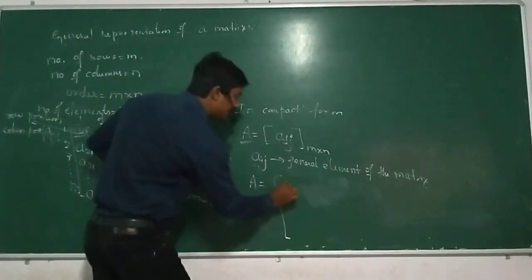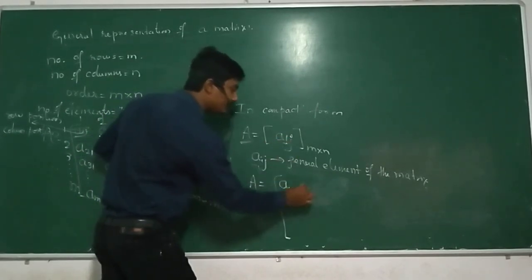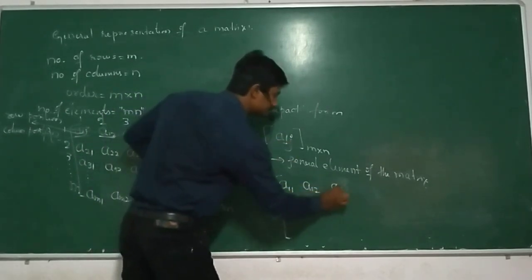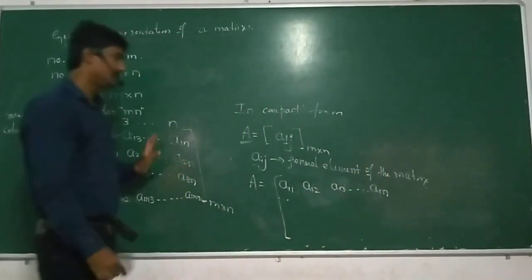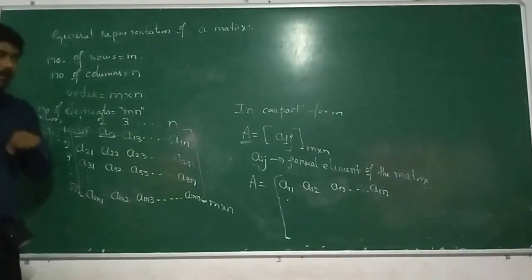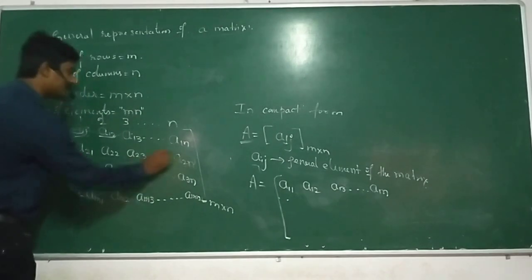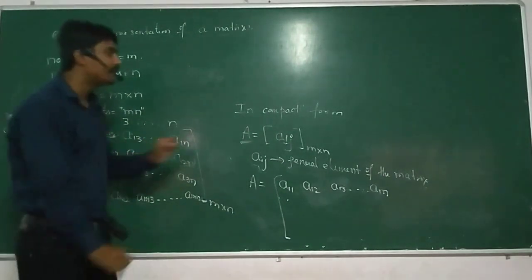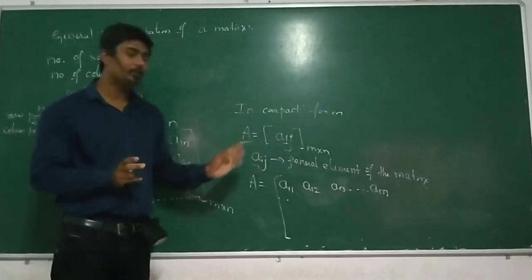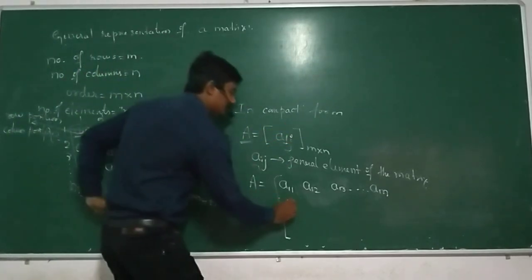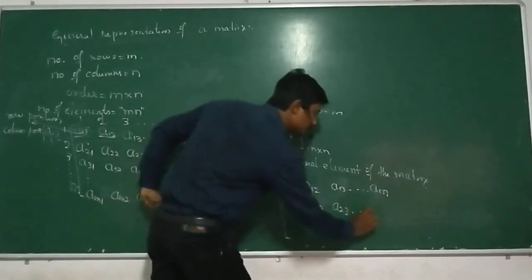So if I fix the i value as 1 and go on varying the j value from 1 to n, I will get all the elements present in the first row. If I want the elements present in the second row, I will fix the i value to 2 and go on varying the j value from 1 to n. Then I will get all the elements present in the second row.